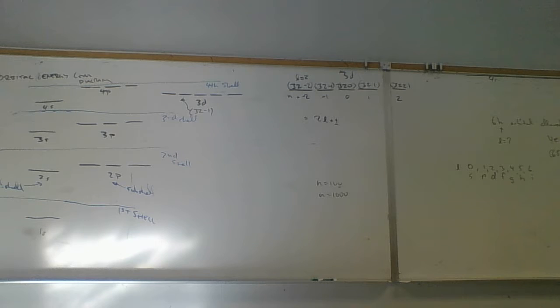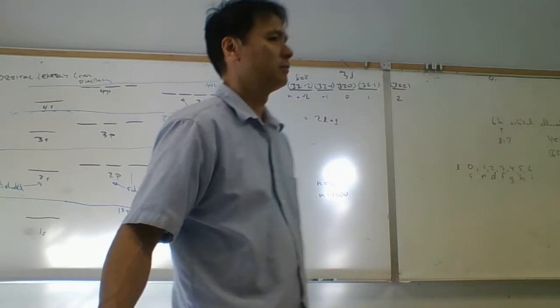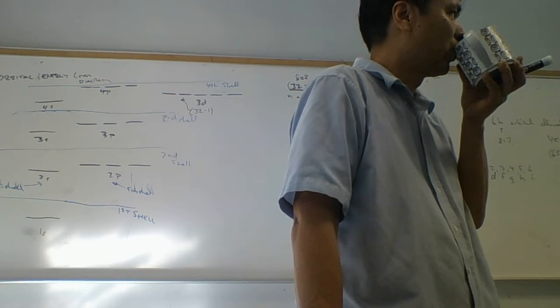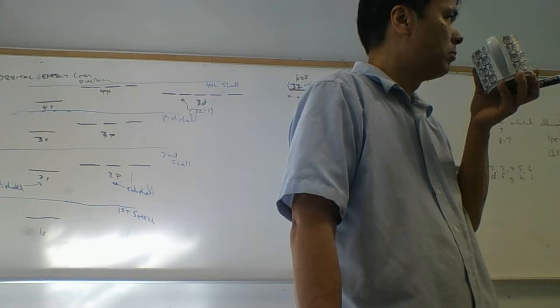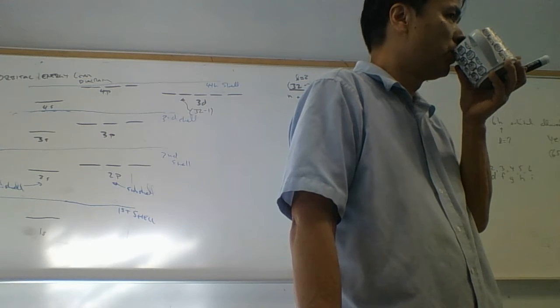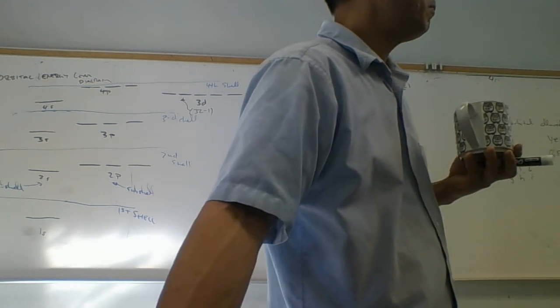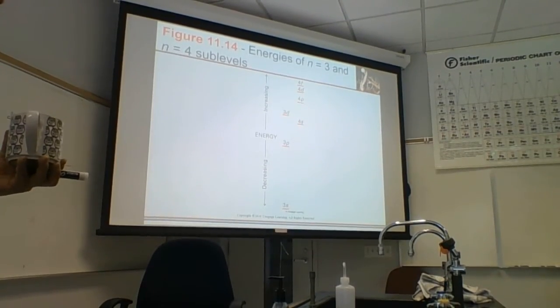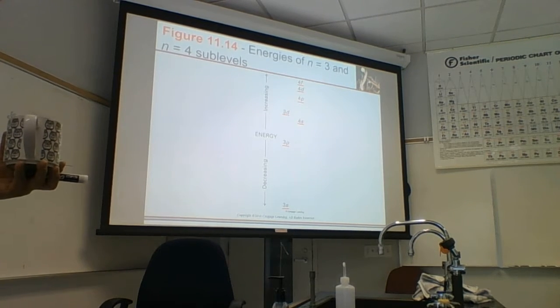Now let's take a look at the energy level diagram in your book. What is funny about the energy level diagram in your book? Well, it's missing the 1s and the 2s and the 2p. At least it has the 3s and the... But what else is kind of funny?